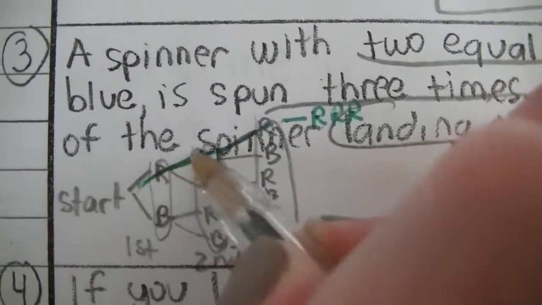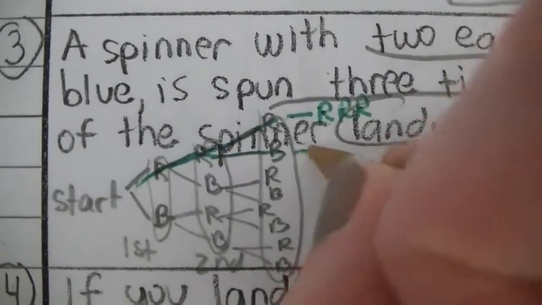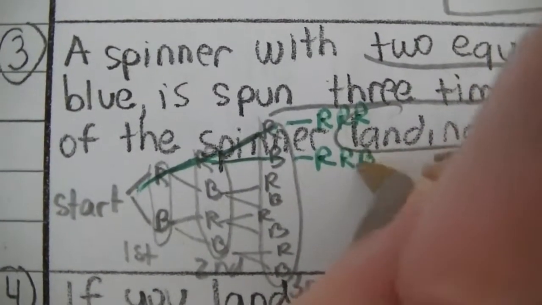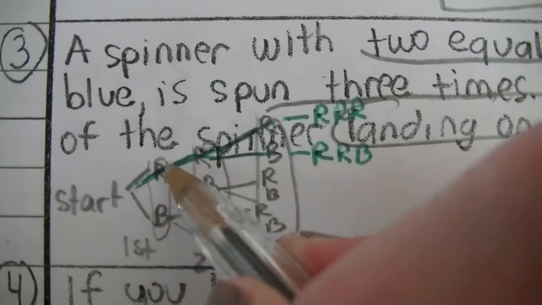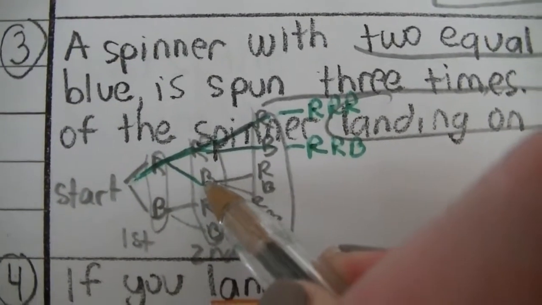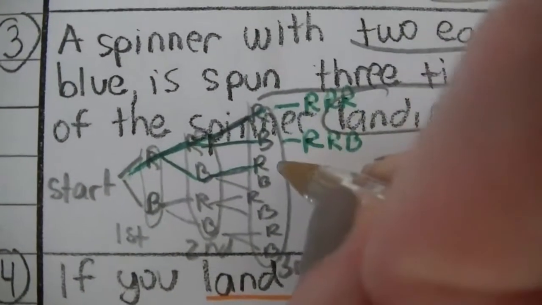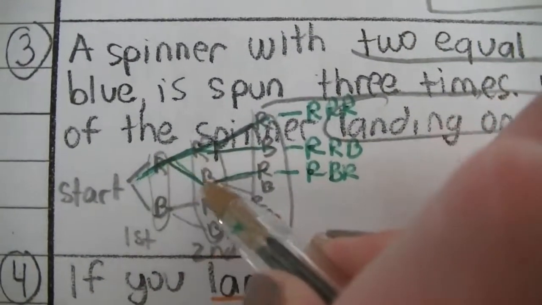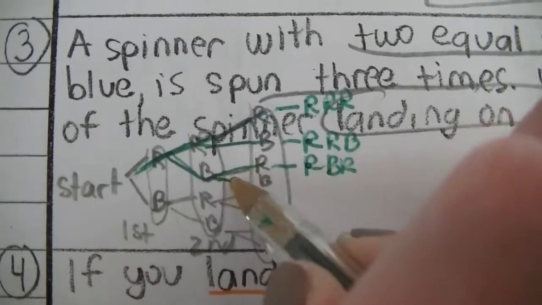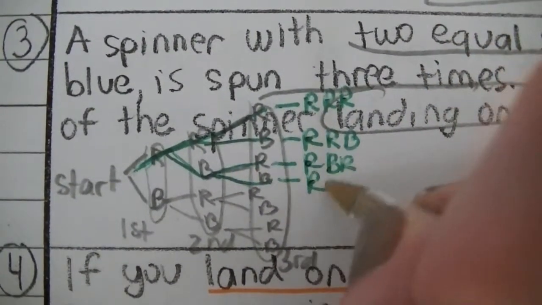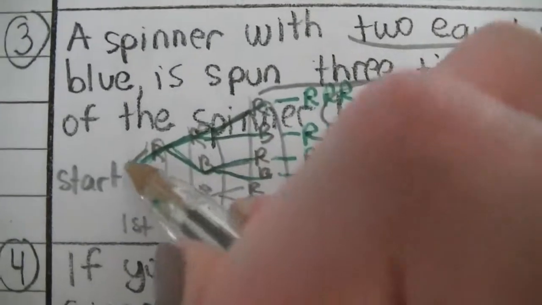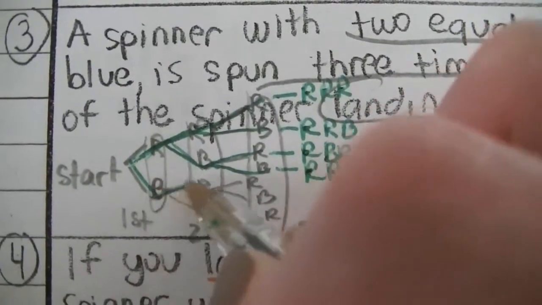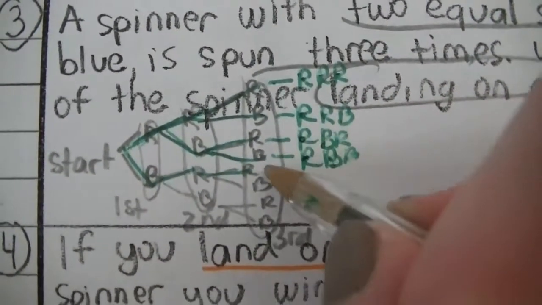Or we could land on red, and then blue. Or the first time we can land on red, second time on the second spin we can land on blue, and then third spin we can land on red. Or we can go R, B, B. Or if we landed on blue the first time, we can land on red the second time and then red the third time.